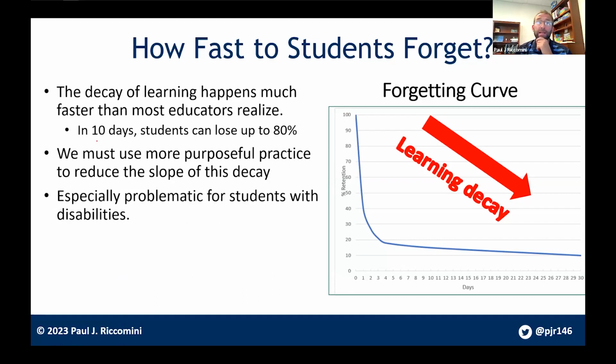And what was most striking to me, in as little as 10 days, kids are forgetting almost 80% of what they just demonstrated that they had acquired. And I think this is really an important piece for teachers to recognize. You sense this forgetting curve. It's just we haven't sort of realized how quickly it is happening.